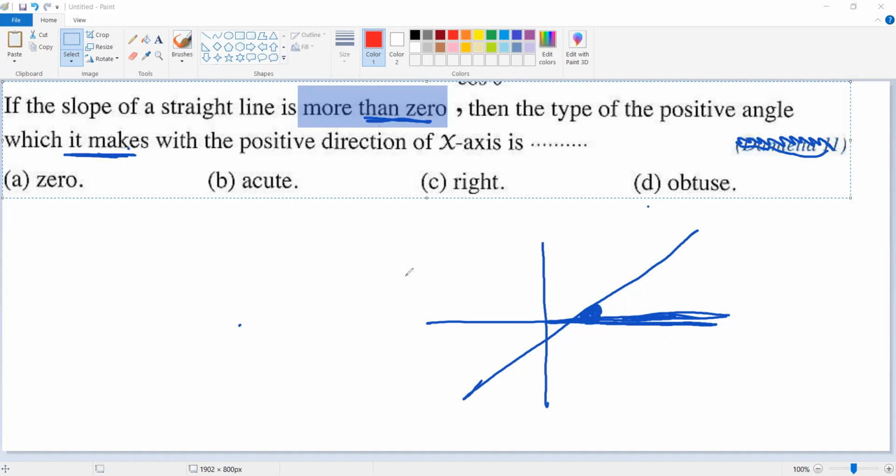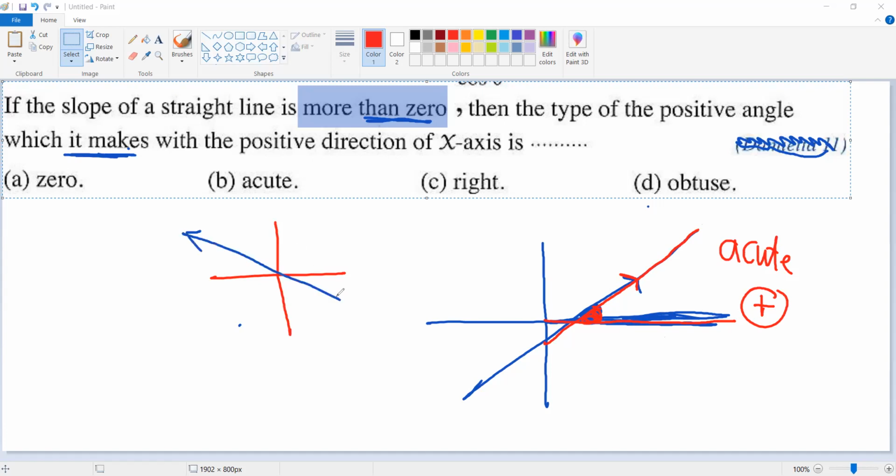We have 4 types. If the angle is acute between the line and the positive direction of the x-axis, here that's the line and here that's the positive direction of the x-axis, then the slope is positive, or more than 0. If the angle is obtuse between the line and the positive direction of the x-axis, like this line, this angle is an obtuse angle, so the slope in this case is negative.